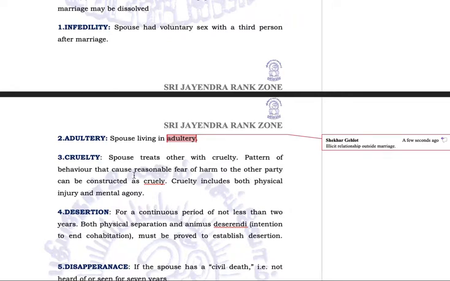Cruelty includes both physical injury and mental agony. Cruelty again is a term which cannot be defined. It depends on a case to case basis. So if you are cruel to your wife, beating her, or your wife is beating the man, then the other spouse can take a divorce.